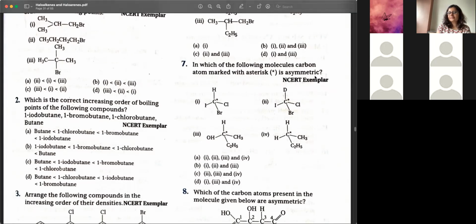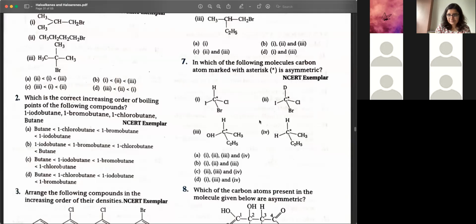How do you figure out which one is asymmetric? All four different. So option 1, are all 4 the same or different? Like the first compound, not option 1. H, I, Br, Cl: all four are different, right? So this is asymmetric.